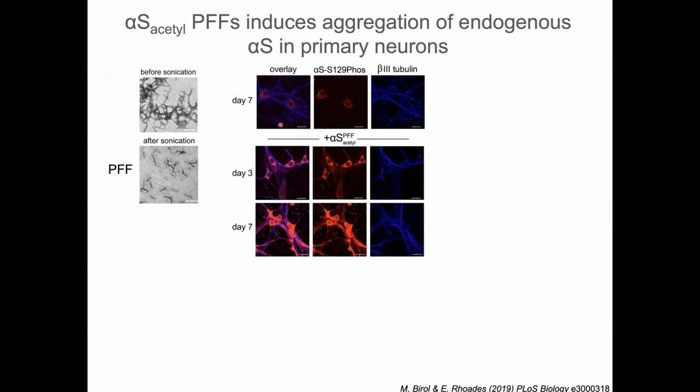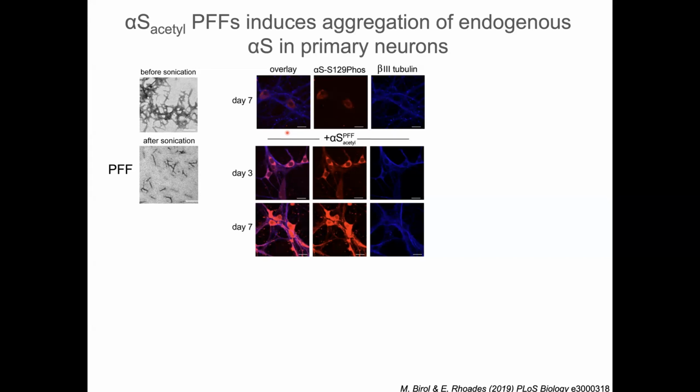This is an exploration of toxic mechanisms of alpha-synuclein, whereby the idea that has become popular in the field, and there's some good evidence for it, is that these amyloid diseases often spread in a very characteristic path through the brain, meaning it initiates in a single region of the brain and then spreads to other regions in a very characteristic manner. And the idea is that you basically have transmission from the initial stage of aggregate formation to other regions through release of aggregates that are then internalized by the neighboring neurons.